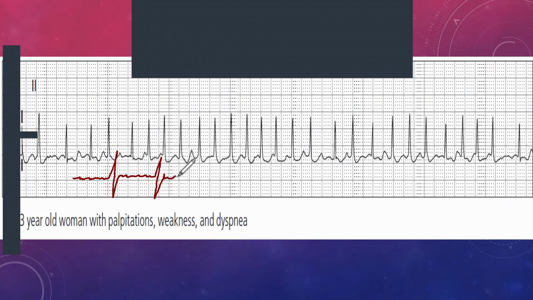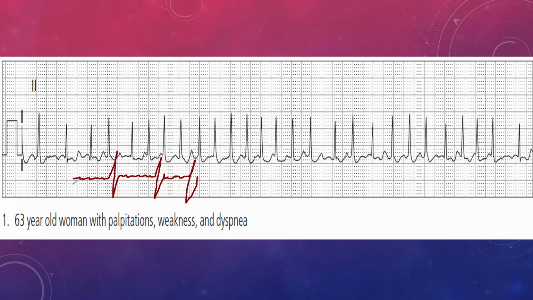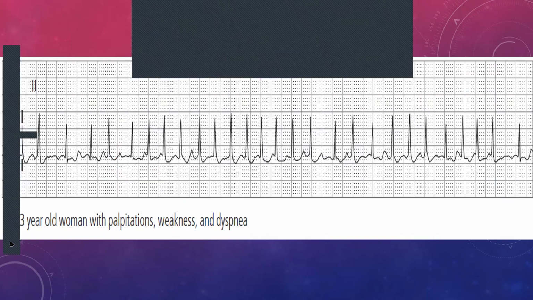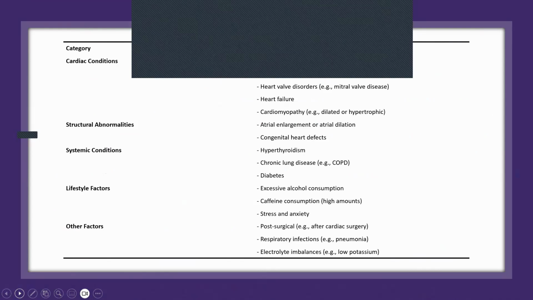And it can also be irregular, but it tends to be slightly more regular than the one that we see here. So it's not to say it's completely irregular, but it tends to be slightly more regular than what we see in fast AFib. However, working in emergency departments, it's much more common to see a fast AFib, but very good question. So let's move on from here.